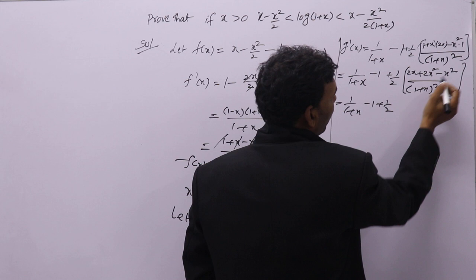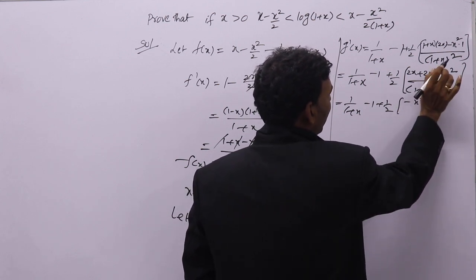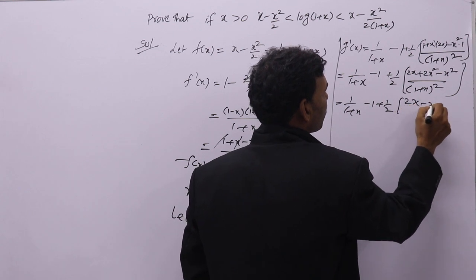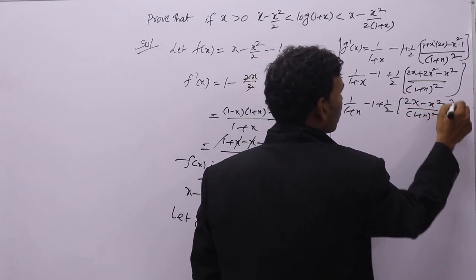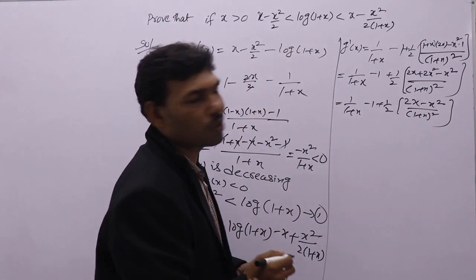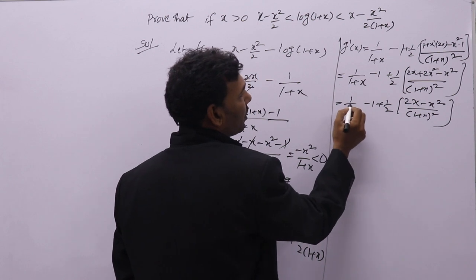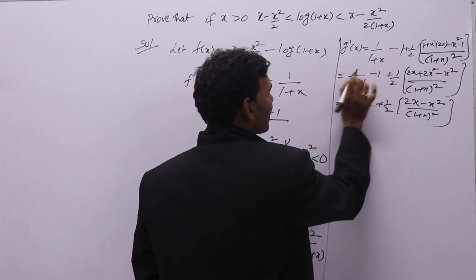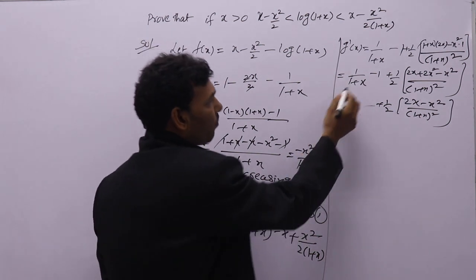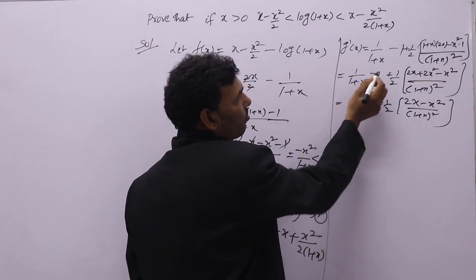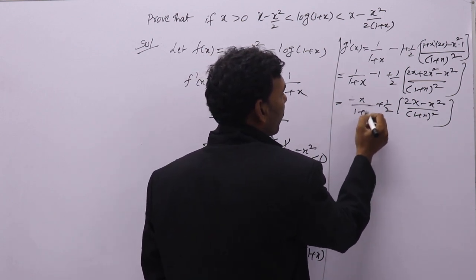Here 2x square minus x square, that means 2x plus x square, by 1 plus x whole square. Now simplify. If you take 1 plus x as LCM here, 1 minus 1 plus x, that means minus x by 1 plus x.